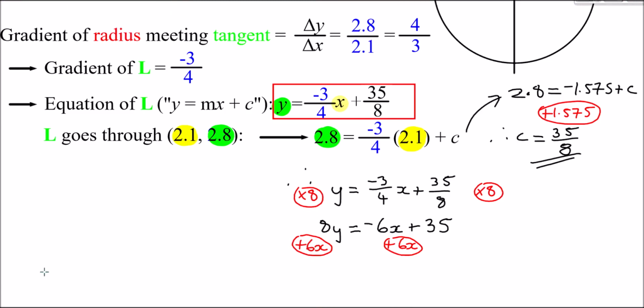So, in any order, you can put 6x plus 8y, or 8y plus 6x. I'm old-fashioned, I'm going to do it in alphabetical order. So, therefore, we've got that L is 6x plus 8y equals 35. And then we're finally done, and we can breathe a sigh of relief.